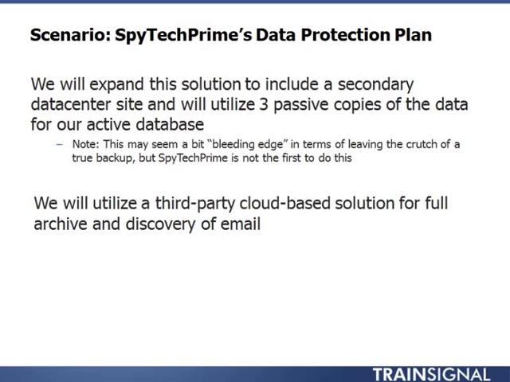We can perform discovery through this third-party cloud-based solution. So on the one hand, we get that missing piece with regard to discovery and restoration of messages that we would not have with a high availability solution. On the other hand, we also find ourselves matching regulatory compliance with regard to archiving our email for however long a period of time that's necessary.